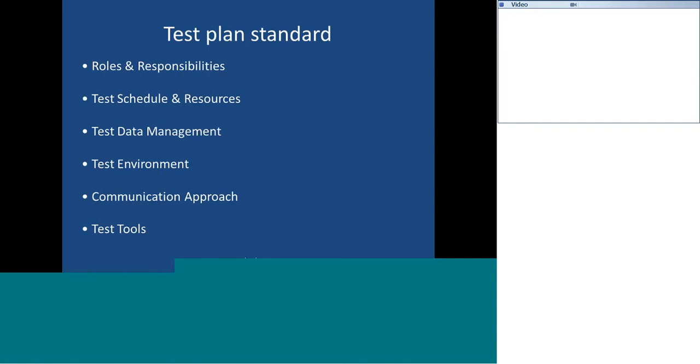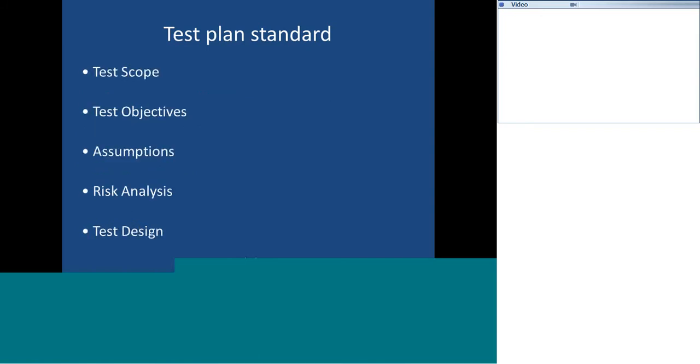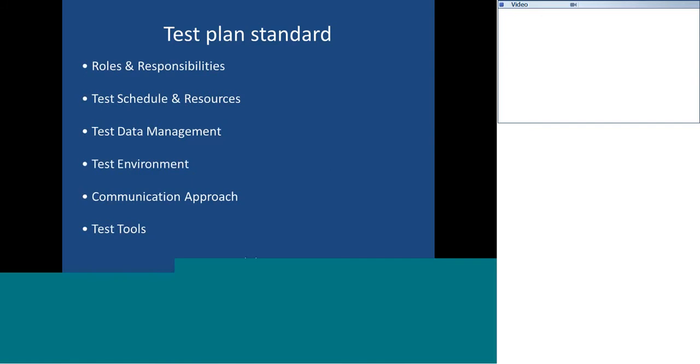The rest of the things are pretty much common. If you take any project plan also, the rest of the things will be the same. But for testing, these 4 sections are unique. The 4 sections are test scope, test objective, assumptions, and then the test schedule and resources.